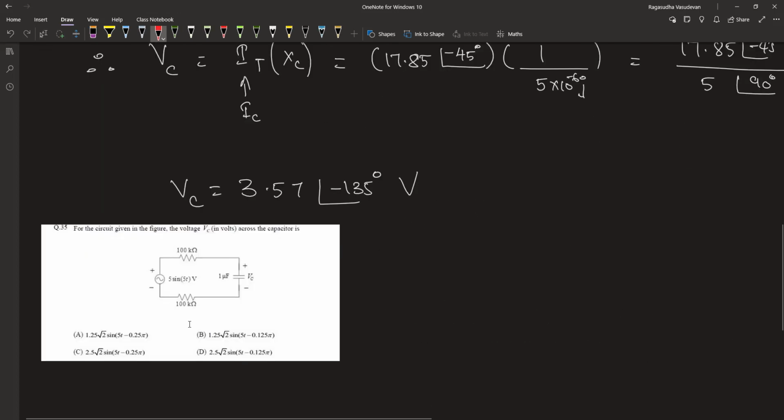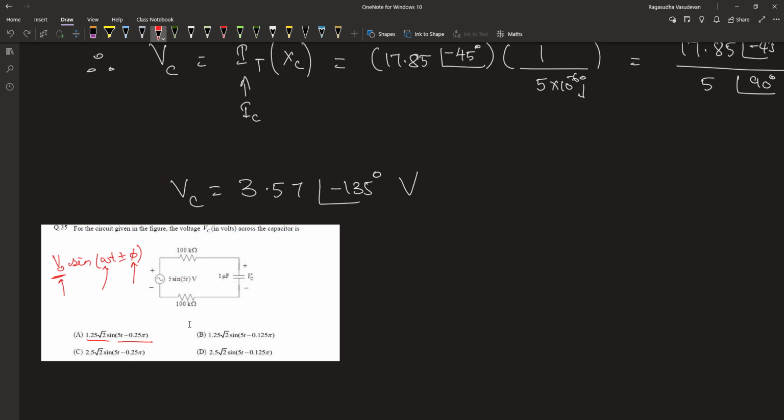If we observe, the options are mentioned in standard notation, which is the peak voltage sin omega t plus or minus a phase angle, where this is the phase angle, this is the angular frequency and this one is the peak voltage. Let us denote the value of Vc that we got in terms of standard form.